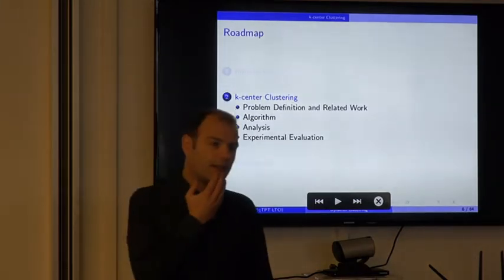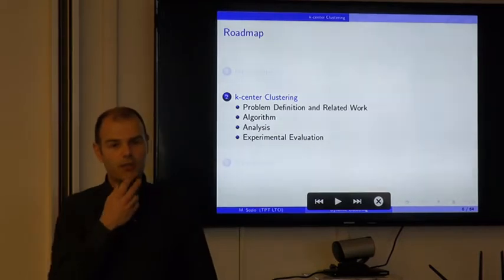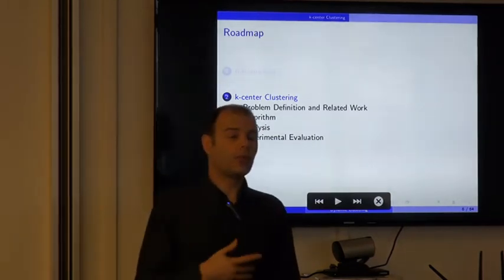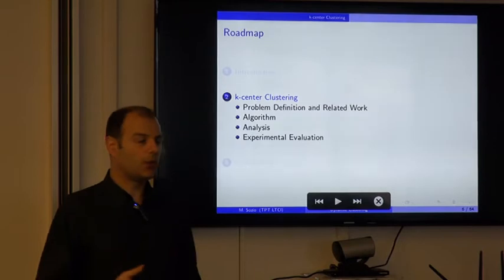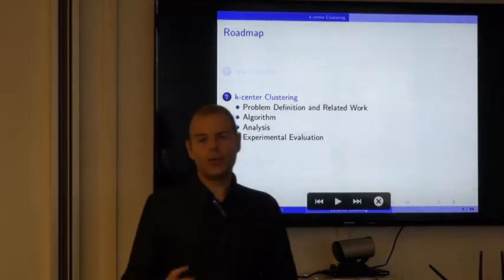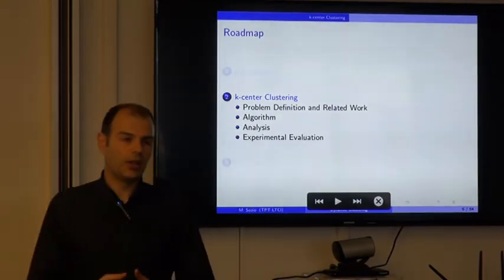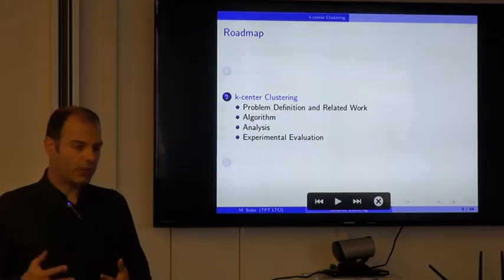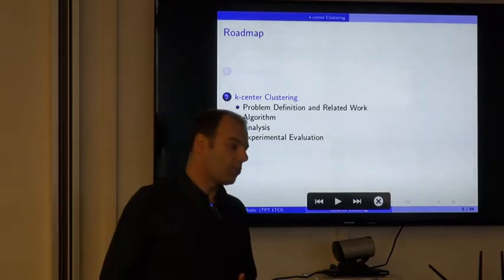Okay, so the idea is that I'll try to give you a formal definition of the problem, what we would like to achieve in theory. And then I'll show you whether we have similarly good results in practice as well.